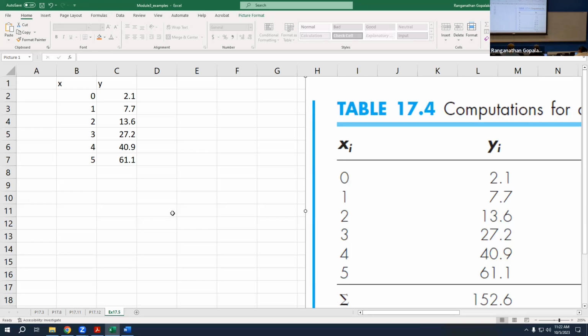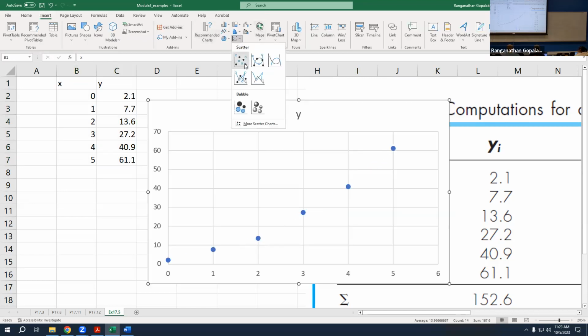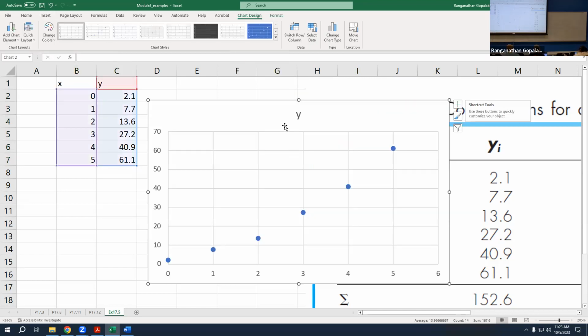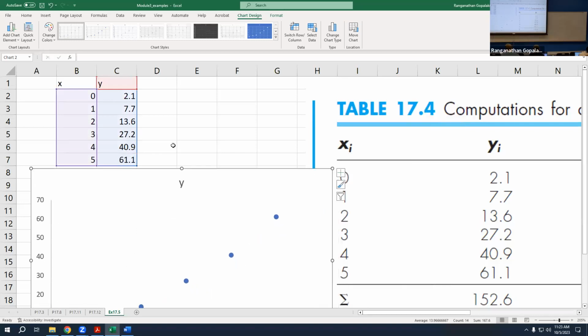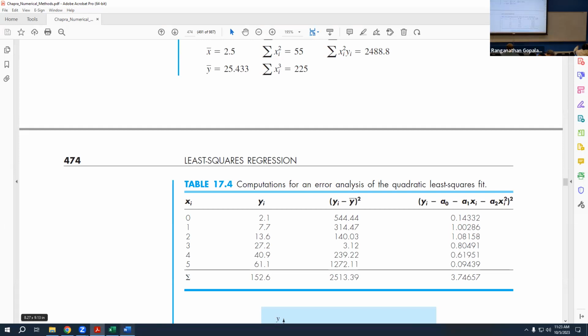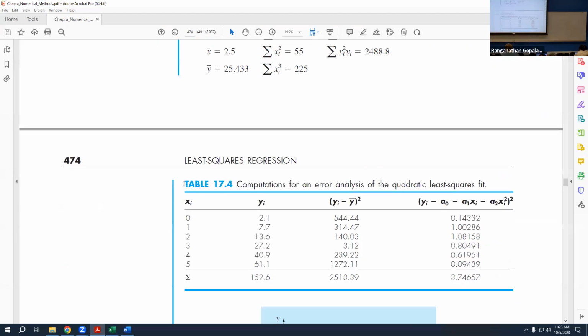So please type in this data, and the first thing I want you to do is try plotting it and see what the trend is generally looking like. This is on page 474. If you go to that example 17.5, there is table 17.4.